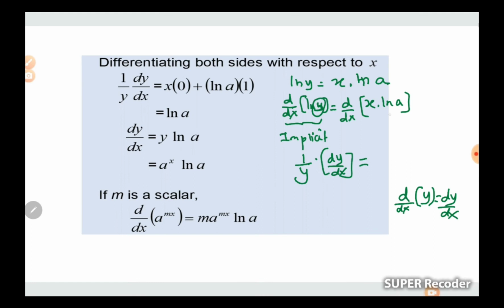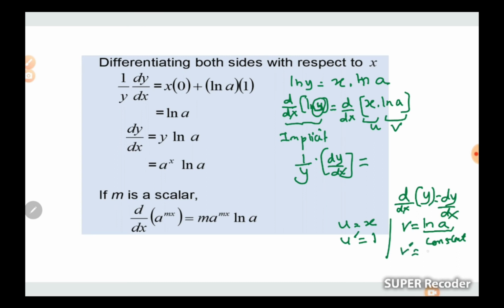On the right side, you can solve by letting x as u and ln a as v. u equals x, so u prime equals differentiate x, which is 1. Then what is v? v equals ln a. Please take note that ln a here is a constant. There is no x here. So what is v prime?